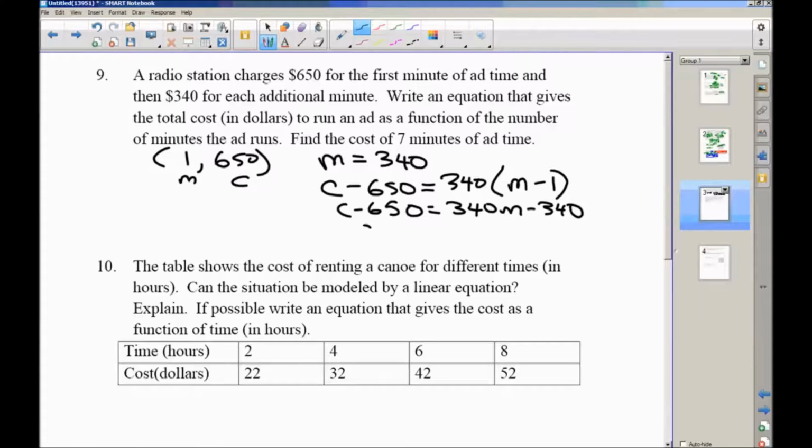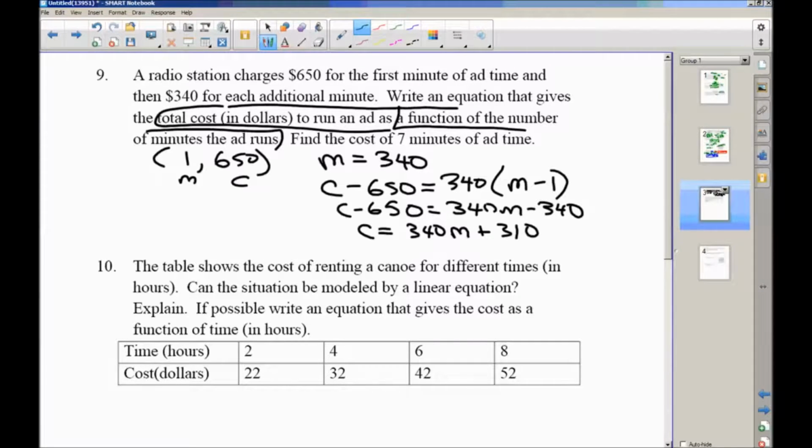And then we're going to add 650 to both sides. And we're going to get our equation for this function, where our cost is written as a function of m, is equal to 340m plus 310. Okay? So this writes the function of the number of minutes that the ad runs, so the total cost. So there's our total cost is equal to 340 times the number of minutes plus 310.